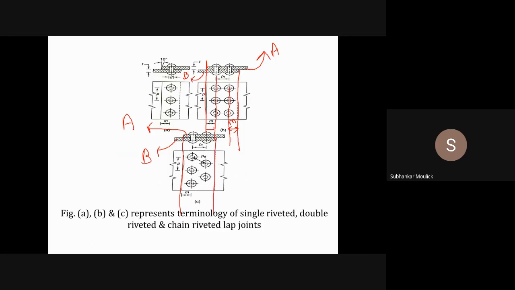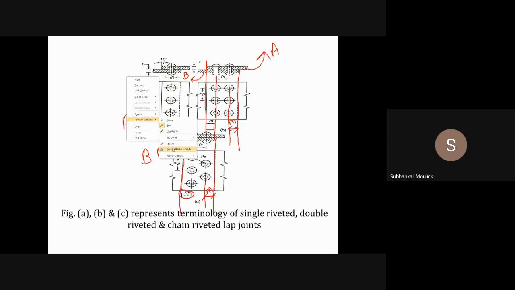So what is my margin? Margin is the distance between the nearest edge of the plate to the center line of the rivet hole. That means this is my margin m, and this distance is my margin m. Any doubt so far? No, sir. Margin clear. Okay.